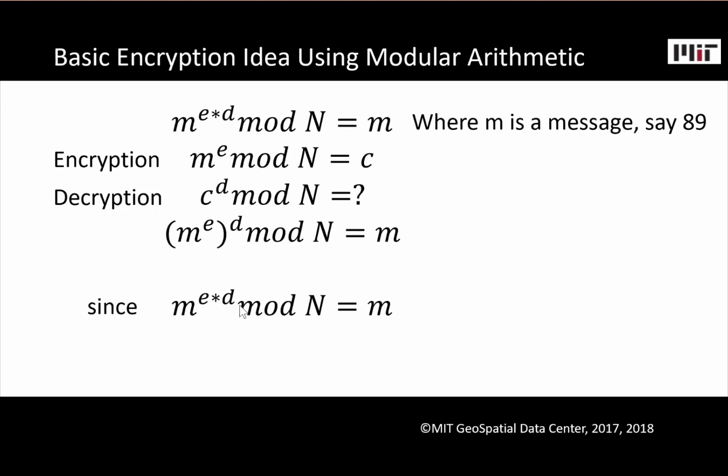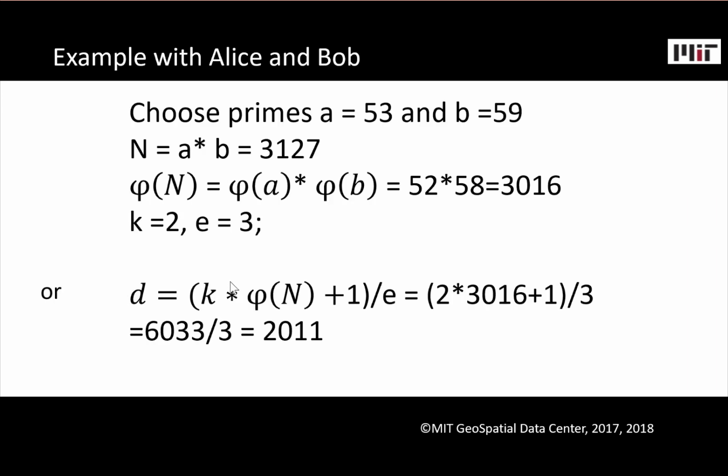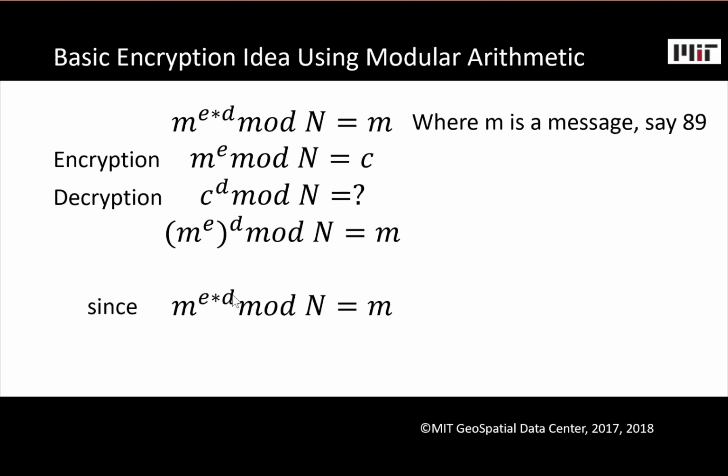So the trick is we need to be able to choose E and D, but we know that those can be related to our totient function. So we choose E prime and D prime. So E and D we can relate to this totient function for n. So n is going to be, in this case, E times D.